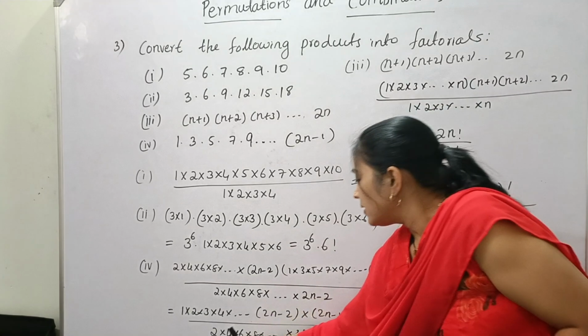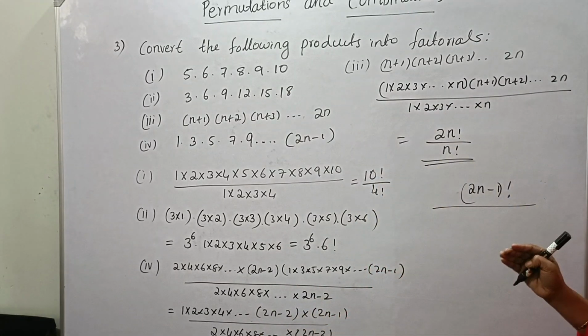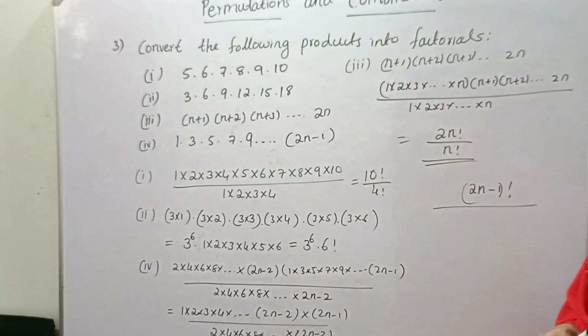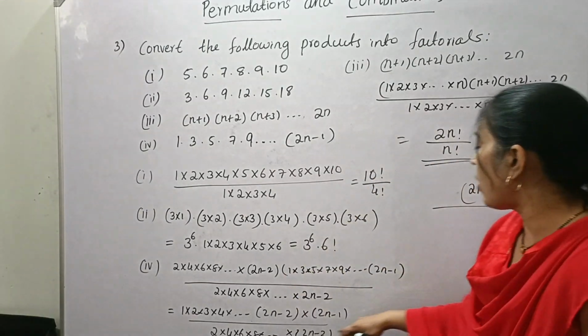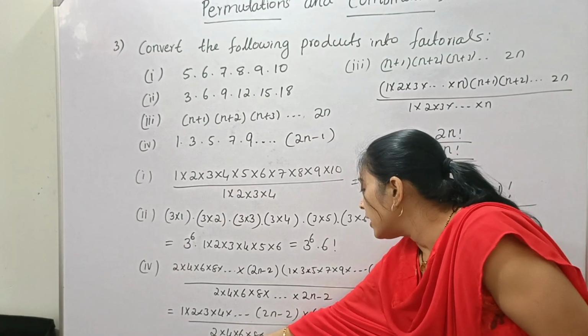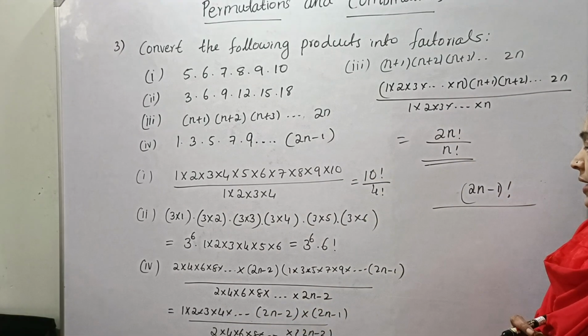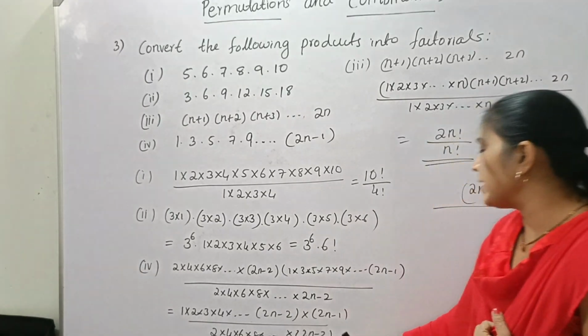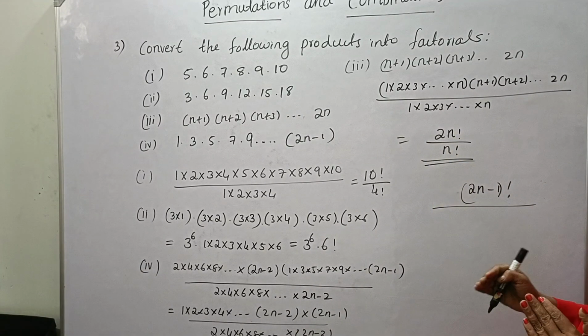Divided by, here we cannot write directly in factorial, right? Because odd numbers are missed. So we can write it as, in all the numbers, 2 is common, right? So let us take 2. How many numbers are here up to 2n minus 2?